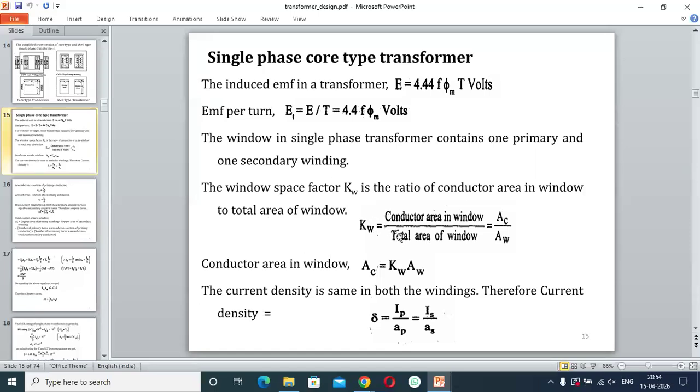So KW will be the conductor area in the window divided by the total area of the window. And from here the conductor area of the window can be given as KW multiplied with AW. And the current density will become delta is equal to IP upon AP, and it will become IS upon AS.